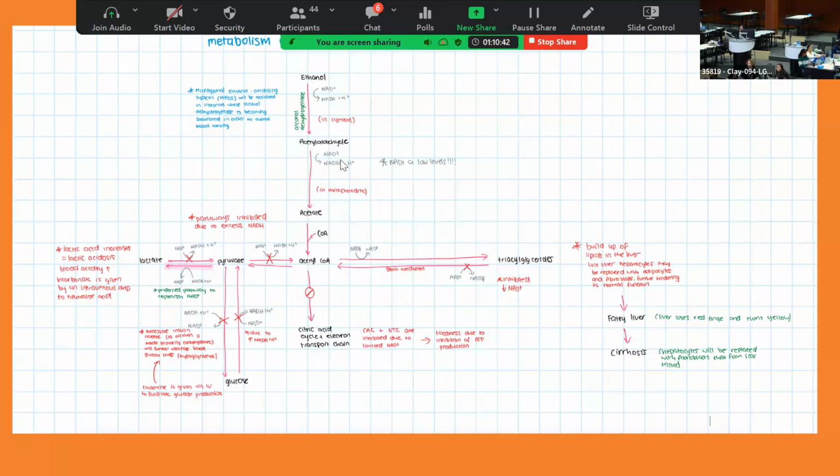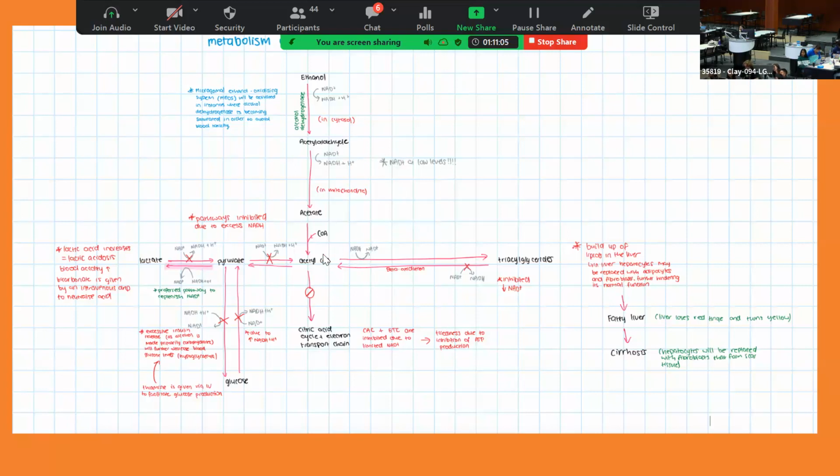And note here that we have NAD+, which is being used. So at this stage, NAD+ is at very low levels. So you have acetate, which can turn into acetyl-CoA. But note this cannot enter the citric acid cycle because you need NAD+, which has already been depleted.